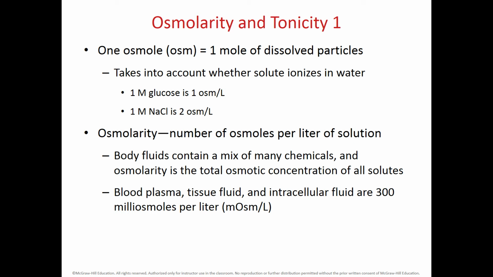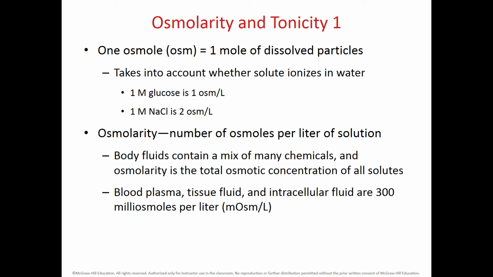Now our body has many solutes within the fluids, and this contributes to the blood osmolarity. This blood osmolarity is the combination of the different osmolarities provided by the different solutes. The osmolarity we have is 300 milliosmoles per liter, so it's 1,000th of an osmole.